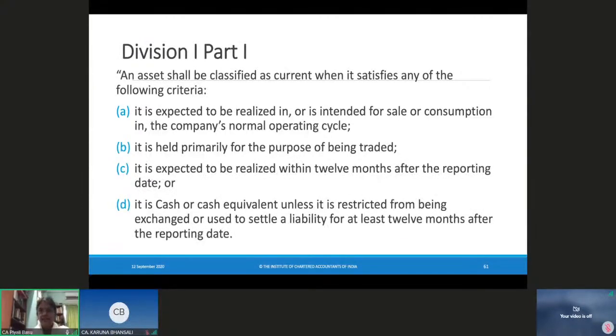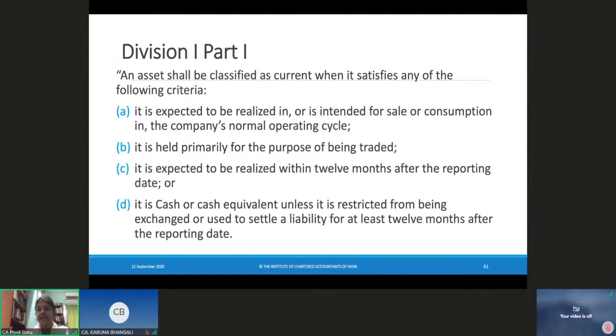In such a case, whether it will be considered as a current asset or a non-current asset, keeping in view that it is expected to be realized or consumed within 12 months after the reporting date. On 31st March 2020, we know that there is a stock, and the operating cycle of this manufacturing unit is 15 months.